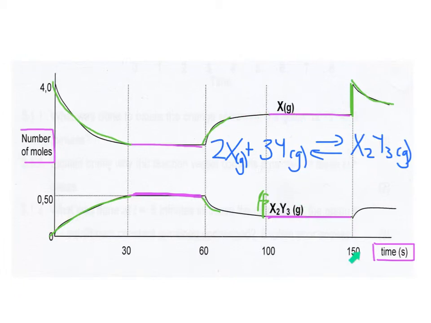At 150 seconds, I obviously added some X to the solution, and that then favored the forward reaction, and the X2Y3 went up. Now, there's no such stuff as any of that. There's no X's, there's no Y's, there's no X2Y3. These are fictitious elements just to illustrate some equilibrium principles, and they do this in exams.